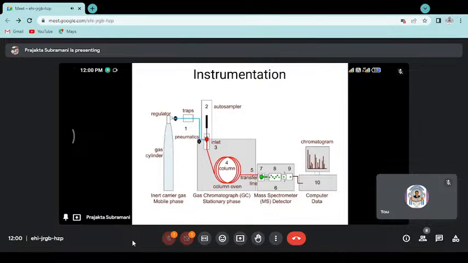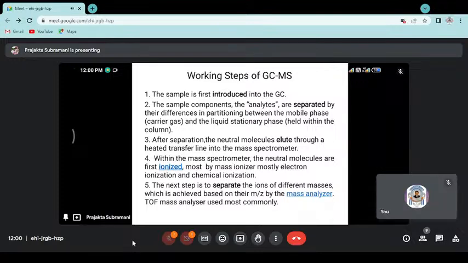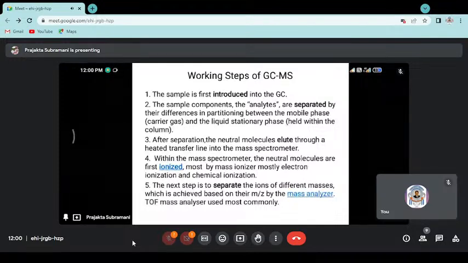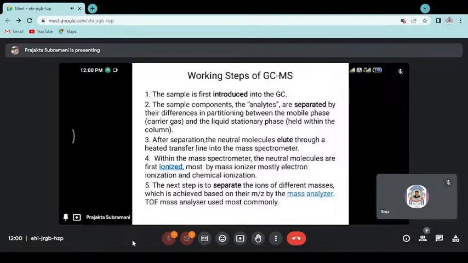Now, what are the working steps of GCMS? The sample is first introduced into the GC, where the sample components are separated by their differences in partitioning between the mobile phase and the liquid stationary phase. Gas chromatography is classified into two types: gas solid chromatography and gas liquid chromatography, but the mostly used technique is gas liquid chromatography.